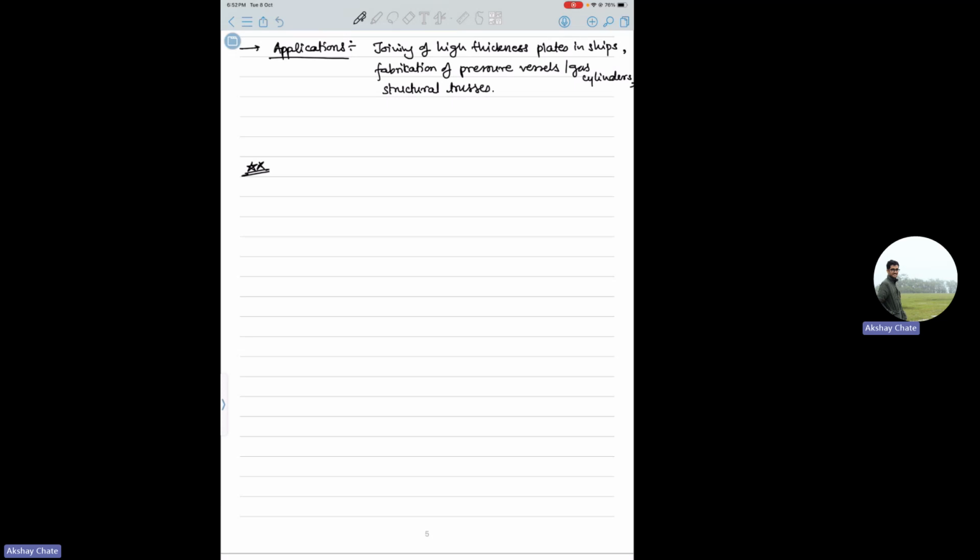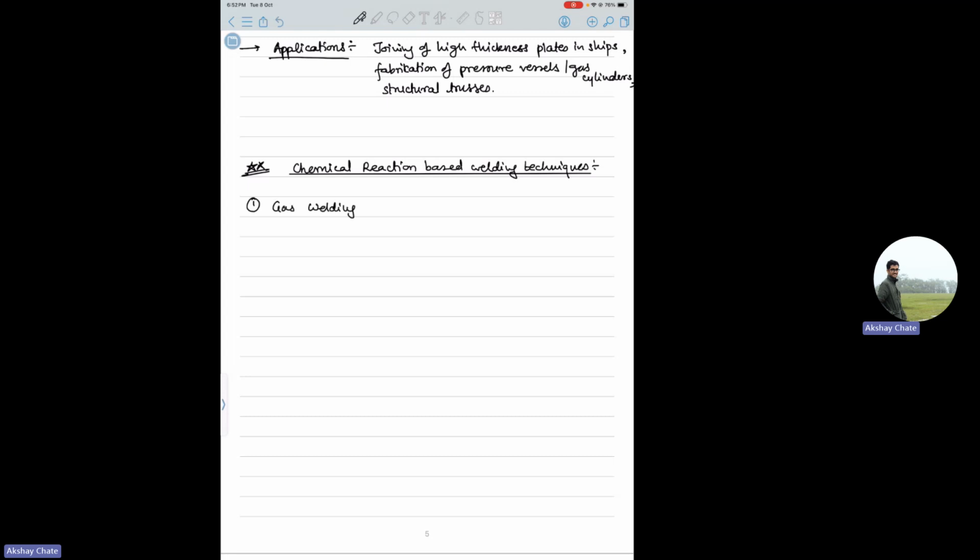Yeah. So let's talk about chemical reaction based weldings. One of the important ones amongst this category is gas welding.